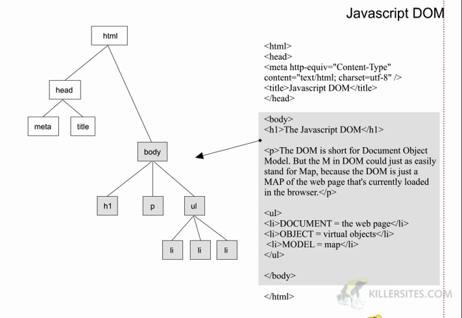And so you have object model, basically object map. So essentially the DOM is the document object map. And again, JavaScript has all these functions that allow you to walk around this map and to do things with this map.